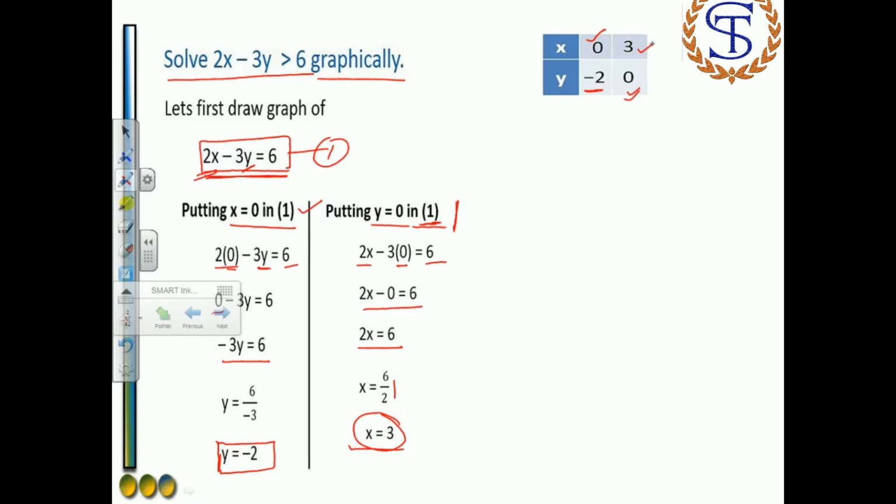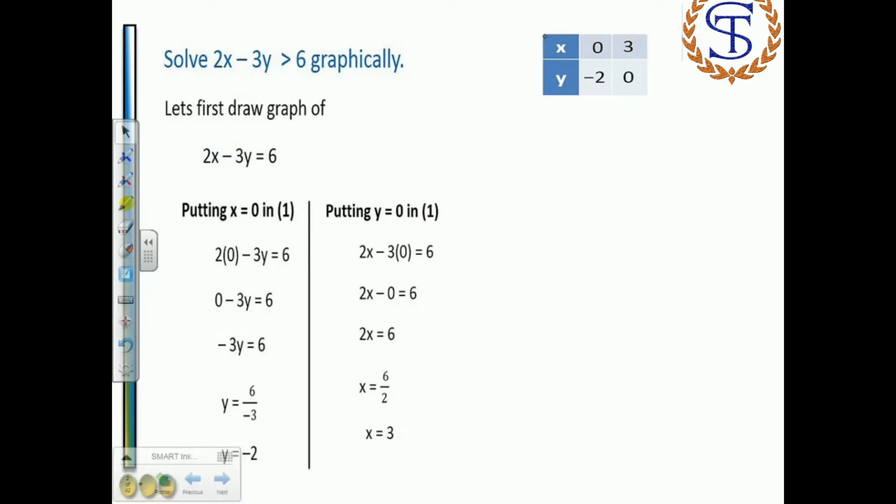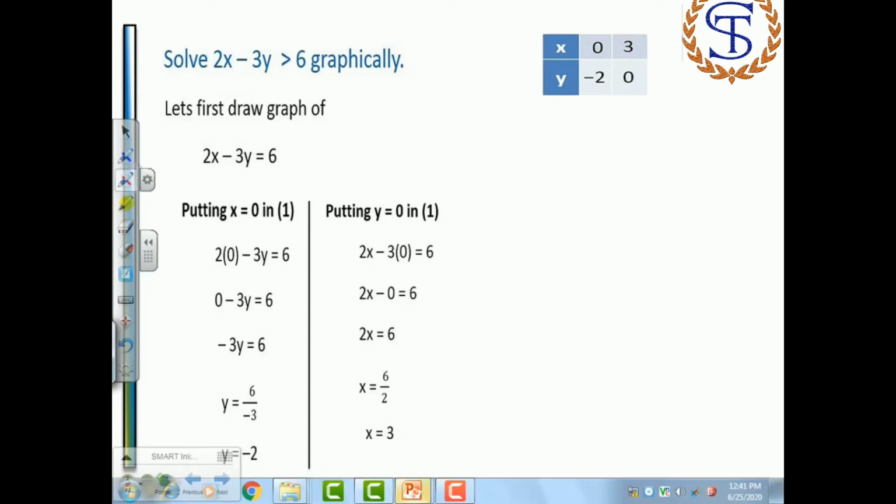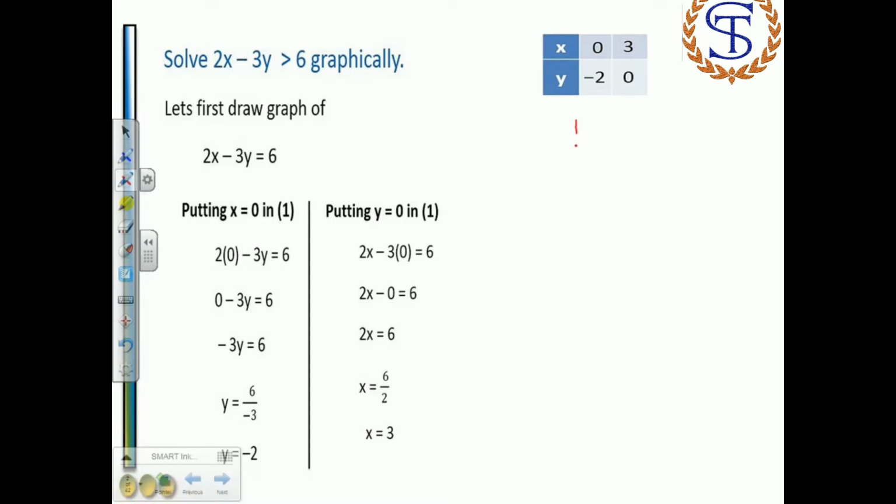So can you put these coordinates on a graph in a Cartesian plane? Now to draw these points on graph paper, first of all draw a Cartesian plane. Here it is x dash, it is y, and y dash. Now for x equal to 0, y is equal to minus 2.